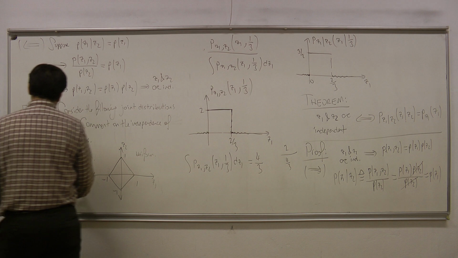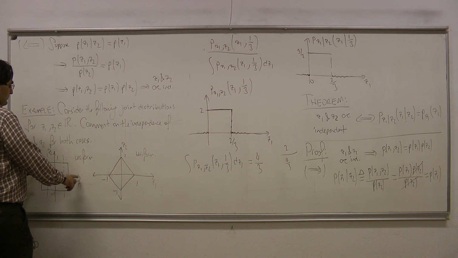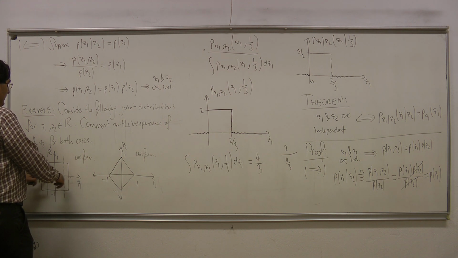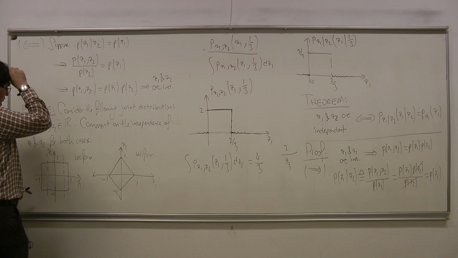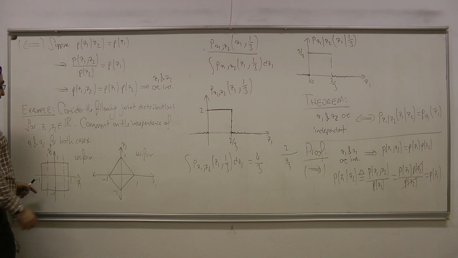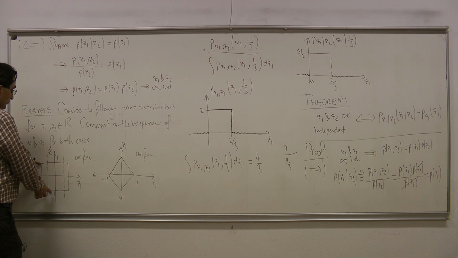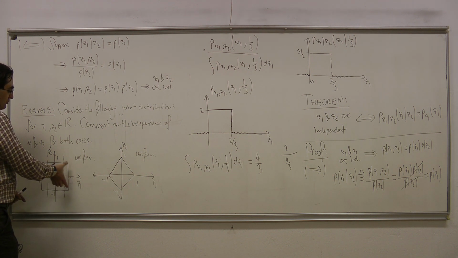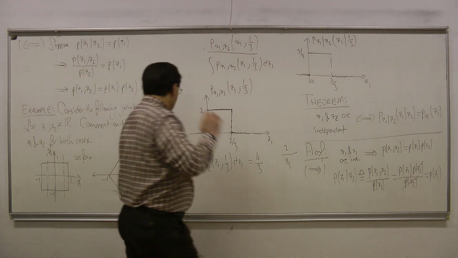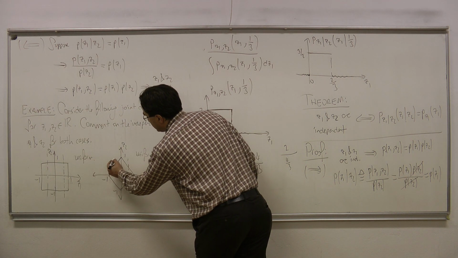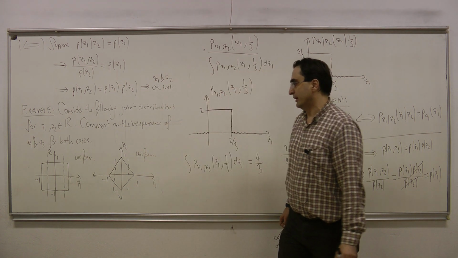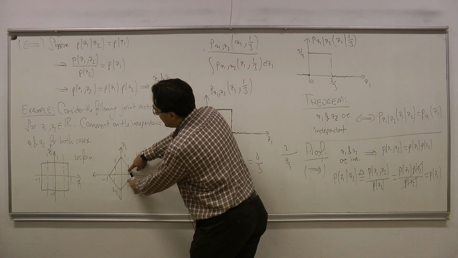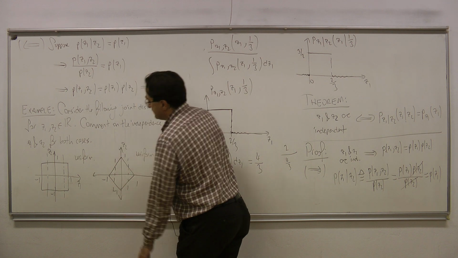So inside the range of Z1 values with non-zero probability, when I change Z1 and look at the cross sections, I would see uniform distributions between minus 1 and 1, and those would not change if I change the Z1 value. On the other hand, here, when I look at the similar cross sections, I would see that when I change the Z1 value, those uniform distributions would change their support.